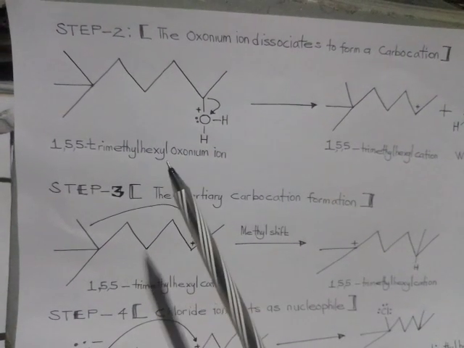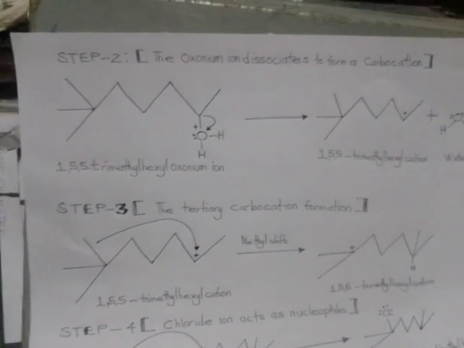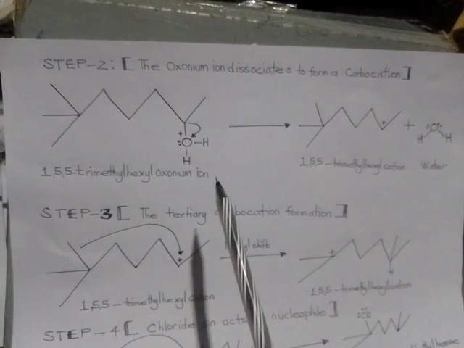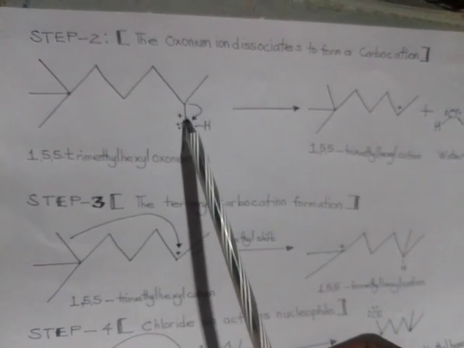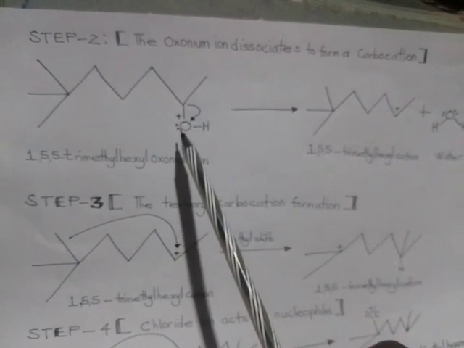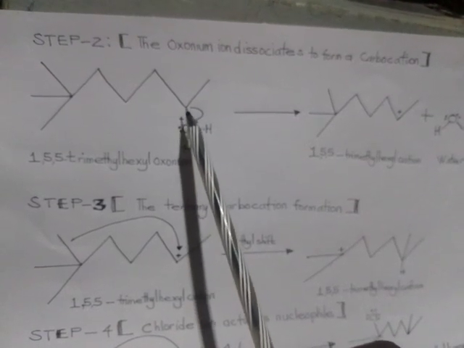So these oxonium ions will dissociate, which means this water molecule that is formed will break off from the hydrocarbon chain. This arrow indicates that the bond between oxygen and this carbon right here will be broken. The two electrons that this bond encompasses will get attached to the oxygen as lone paired or non-bonding electrons.